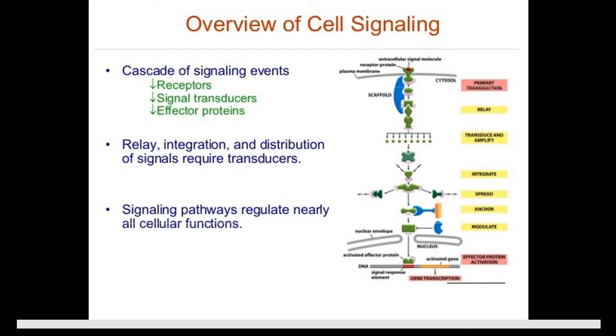In between, they have different steps, right? I already told you: relay, integration and distribution. Each step needs transduction, because these steps are between the signal receiving and gene transcription, so they need transducers, the transferring molecules, the messengers.